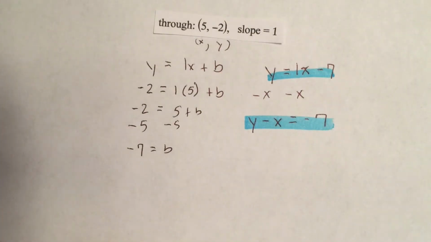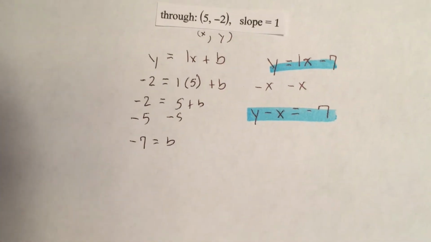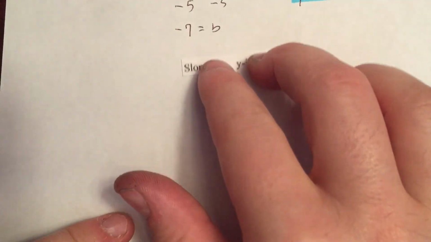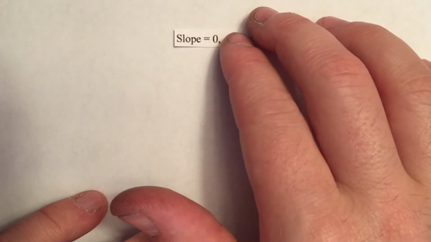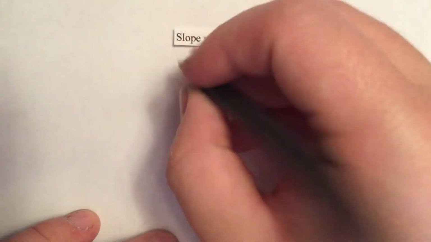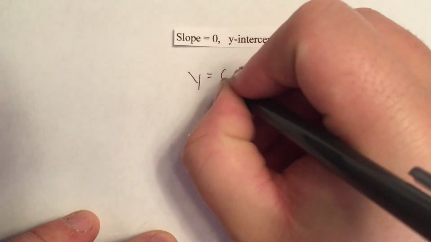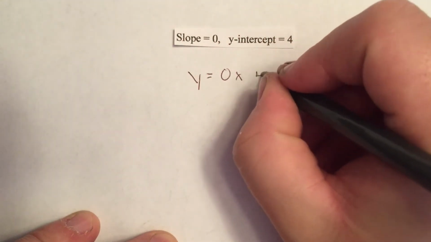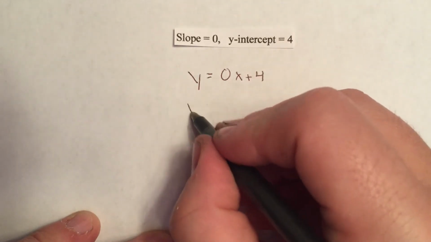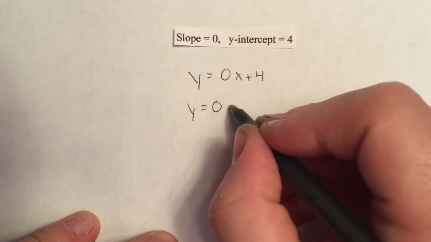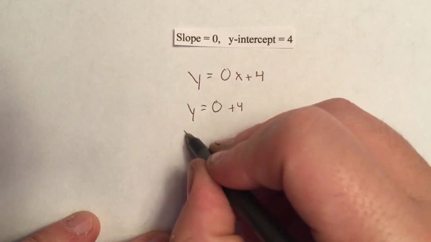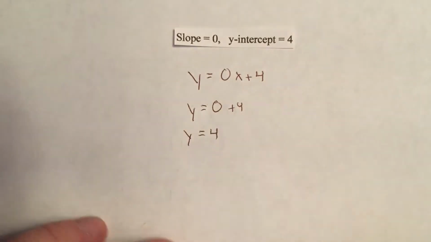What if we're given the slope and the y-intercept, like we are here? So now it makes it a little bit easier. We know that the slope is 0, and the y-intercept is 4. We multiply, get y equals 0 plus 4, and y equals 4. Whoa.